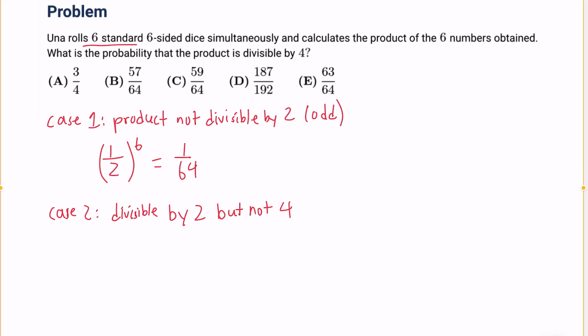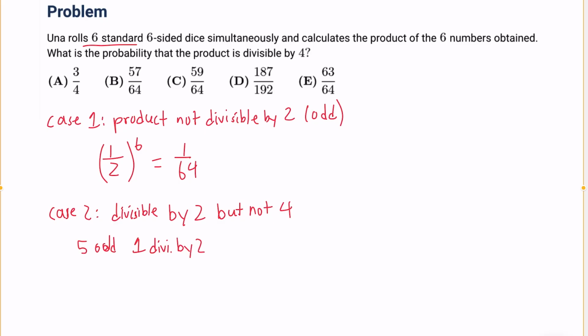What this means is that we can only have one number that is divisible by 2 and the rest are not. So we need 5 odd numbers, and then one that's divisible by 2, but not 4.